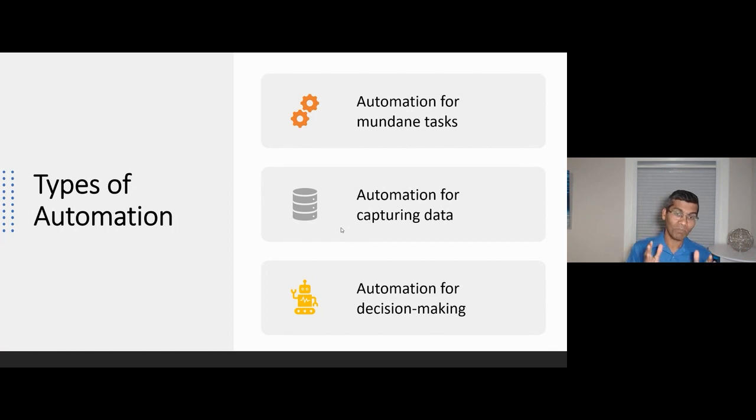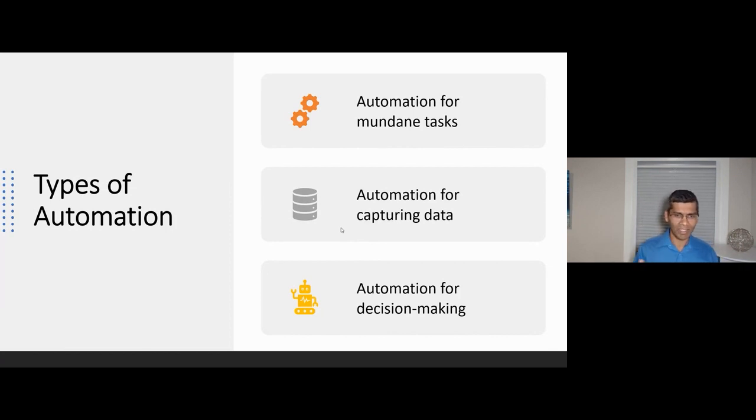Again, I'm talking more about software automation, not robotic, meaning physical robots. More of a software automation here, right? With those software automations, generally we classify them into three categories. One is automation for mundane tasks. What is a mundane task?